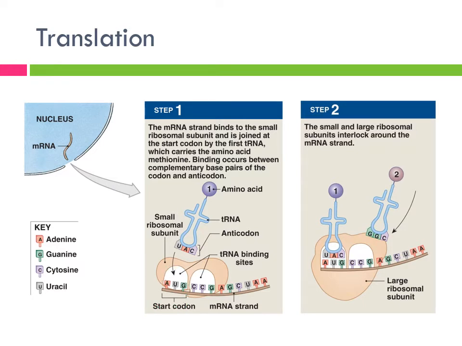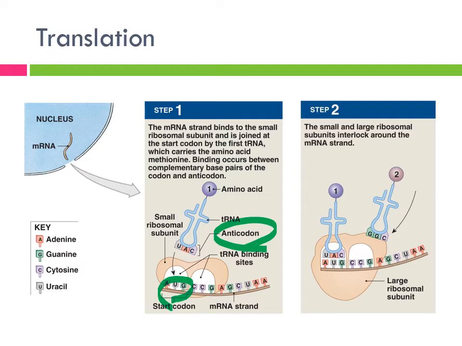So a codon contains 3 bases. That's our triplicate code. So here our bases are AUG. So the anticodon is going to have the complementary bases to the codon.